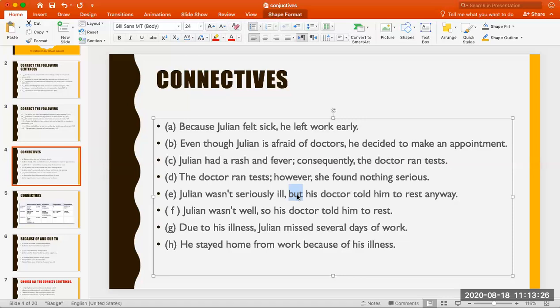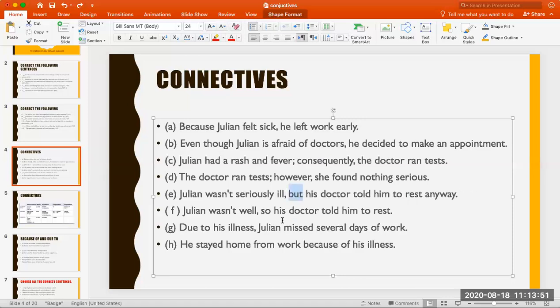So if you remove but and say however, the sentence is incorrect, structurally speaking, despite the fact that but means basically however. So if you want to replace but with however, you need to change the punctuation marks here, semicolon or a full stop.